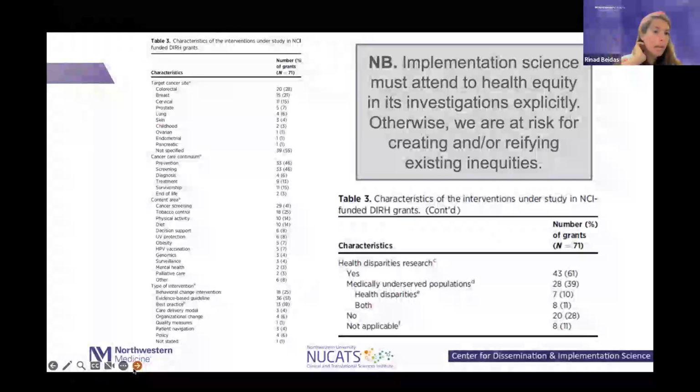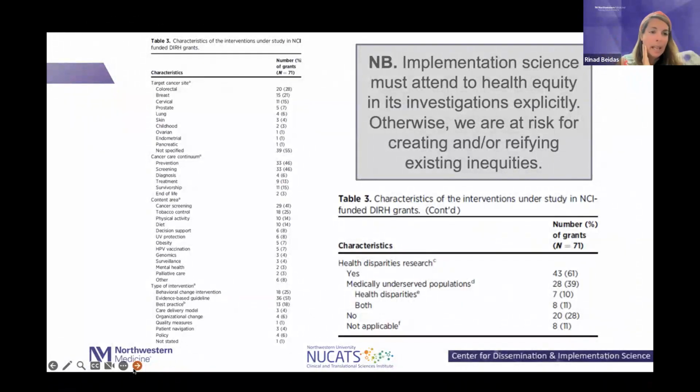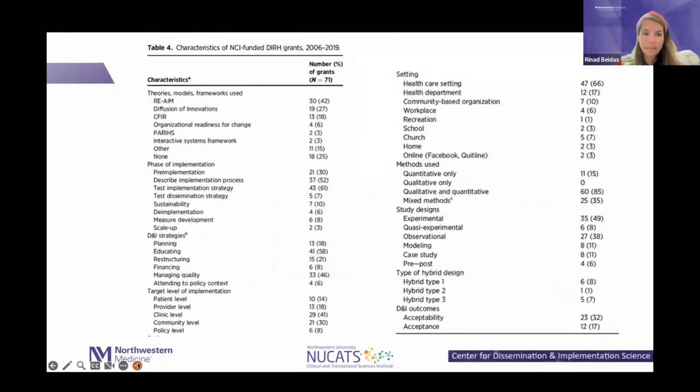I just want to make a note, and I'm sure you have talked about this at length in this course, which is that implementation science must explicitly attend to health equity in its investigations, even if the primary focus is not to close an inequity, because otherwise we are at risk of creating or reifying existing inequities. So I really like that NCI was explicit about looking at that across the studies they funded.